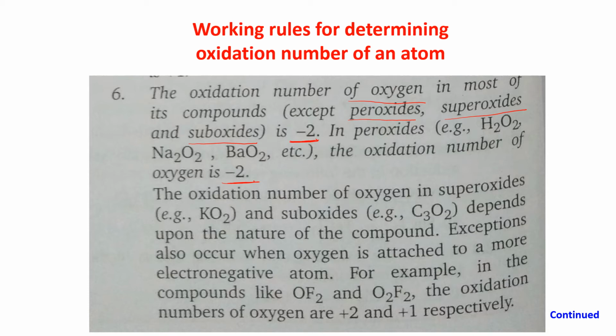The oxidation number of oxygen in superoxide, KO2, and suboxide, C3O2, depends upon the nature of the compound. Exceptions also occur when oxygen is attached to a more electronegative atom. For example, in compounds like OF2, O2F2, the oxidation number of oxygen is +2, +1 respectively. So this is not so important. You need not know about it. Generally, you will get the oxidation number of oxygen as -2.